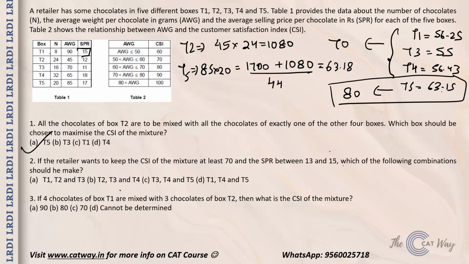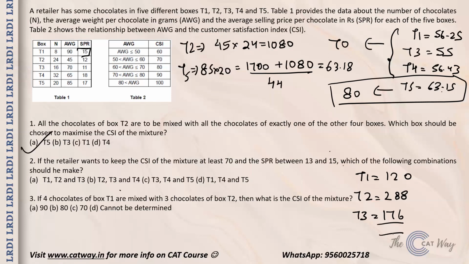Okay, so let's say when you're calculating it for the first option, for T1 the total selling price is 15 into 8, that is 120. For T2 the average selling price is 12, so 24 into 12 will give you 288. And then the third box you have is T3. There 11 is the average selling price and 16 chocolates are there. So the total selling price is 176.